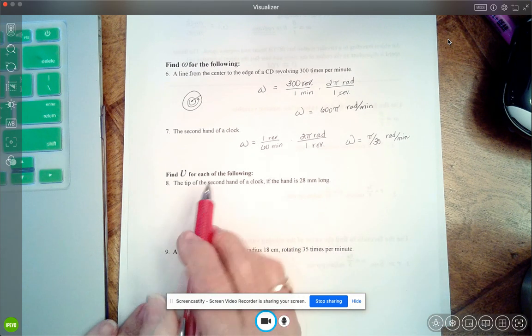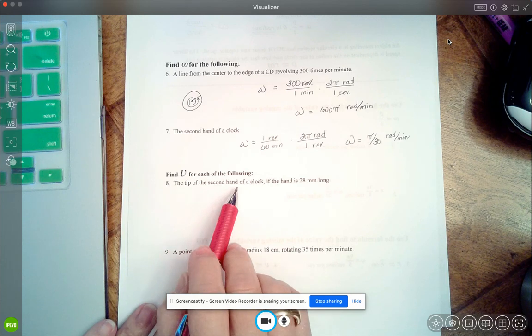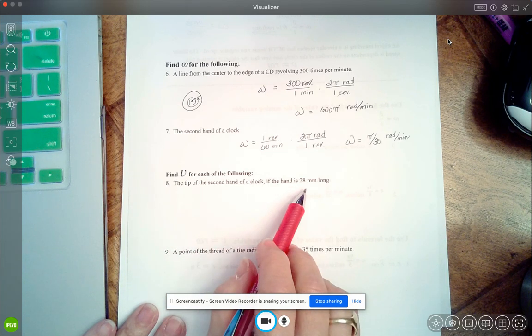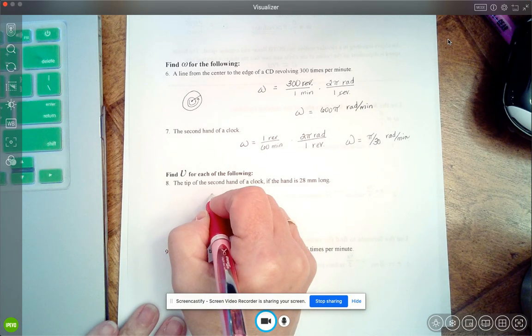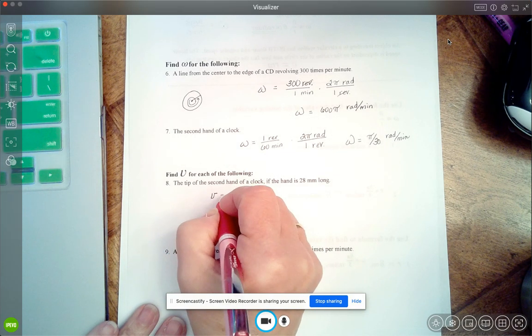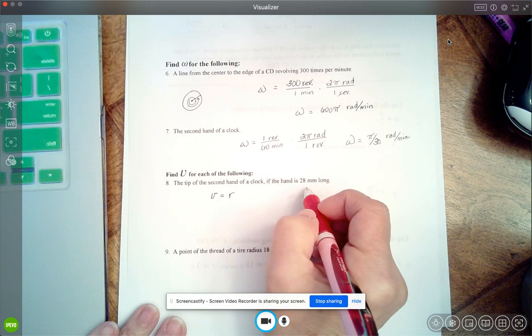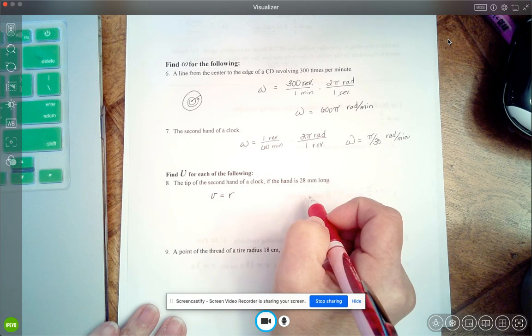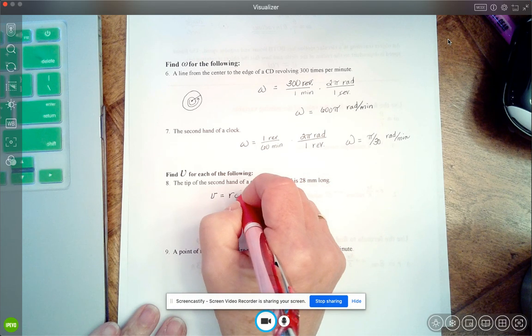Got 2 more. Now we're looking for the linear speed. The tip of a second hand of a clock, if the hand is 28 millimeters long. I know that my formula is the radius times the angular speed, because the tip of the hand is 28 millimeters from the center.